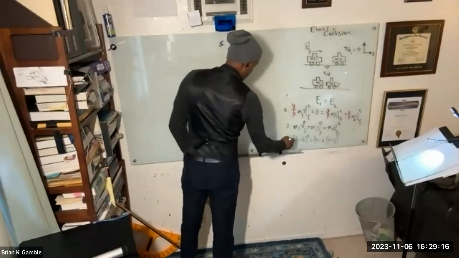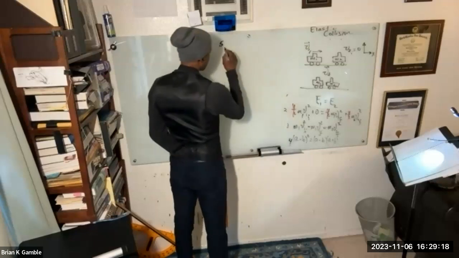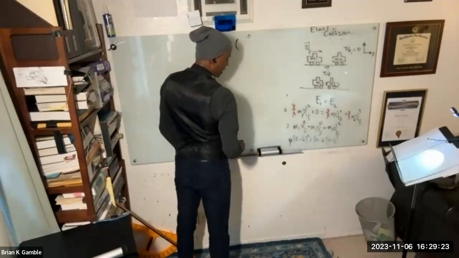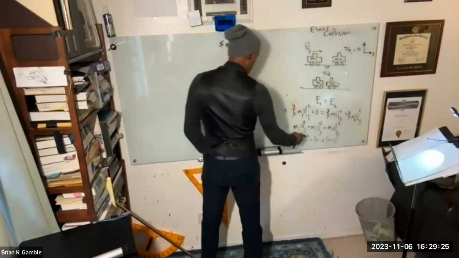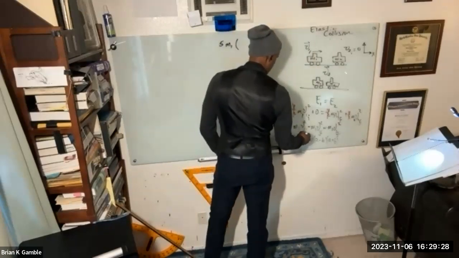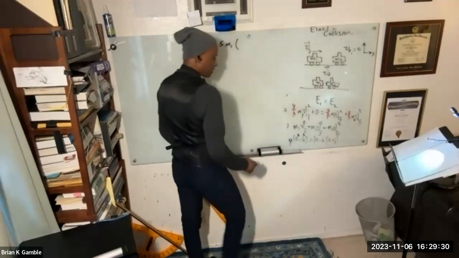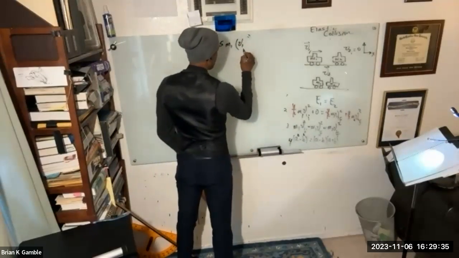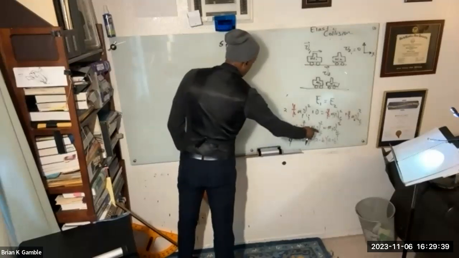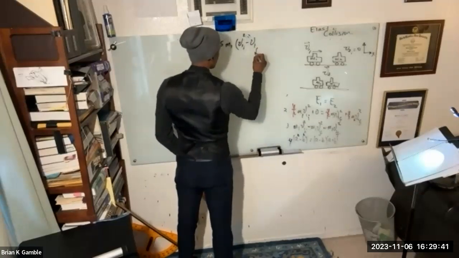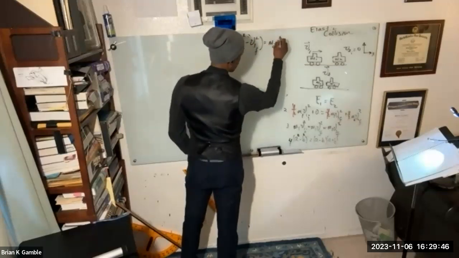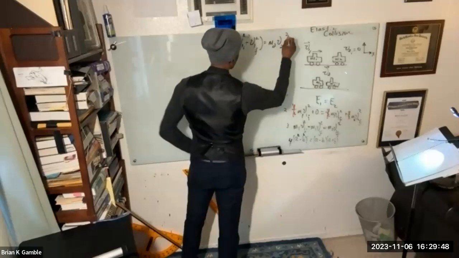I'll call this equation 4. If I factor out M1 from both of these terms, I'm going to have, actually, is that what I want? No, it's the difference of squares. Sorry, that's not it. It's this guy, what I'm talking about. That guy is equal to that thing. So here I have M1 times V1I squared minus V1F squared equals M2 V2F squared.